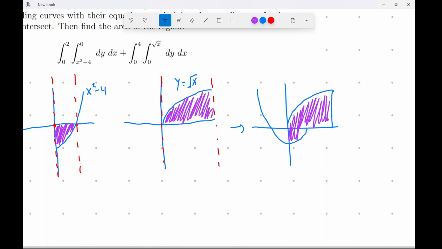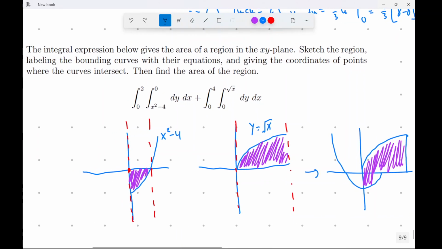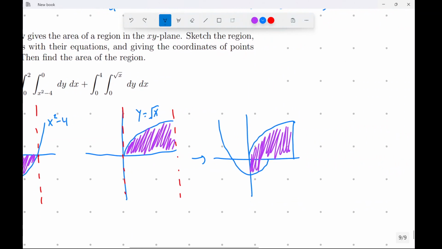Okay. And it's not looking to me like changing the bounds of integration is going to make these integrals or the bounds any nicer. And so we'll just keep it like that. What else did it ask us to do? Label them with their equations. So this is y equals root x, y equals x squared minus 4.